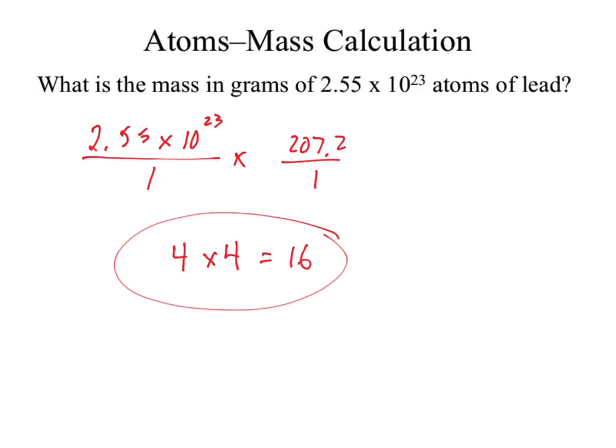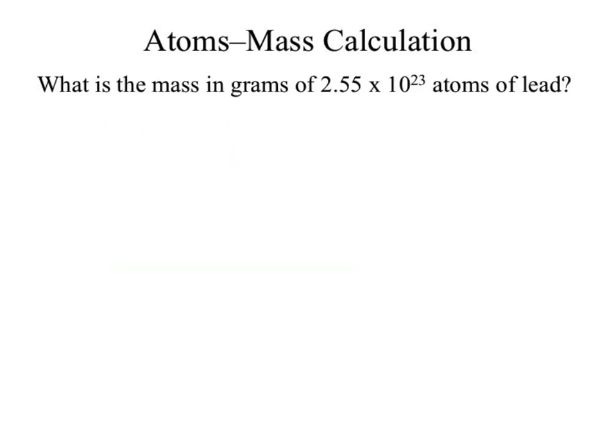So nothing about our process matches either of those two situations. Follow the process I'm asking you to do. What is step 1? You want to identify what you're solving for. What do I want? Grams of lead. Okay, and I saw a lot of people do that, and that's fantastic.